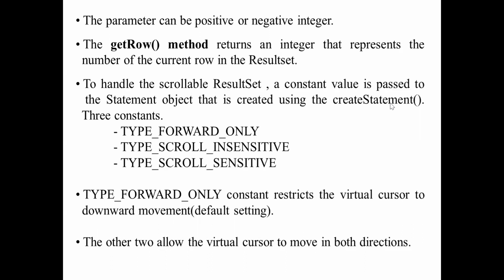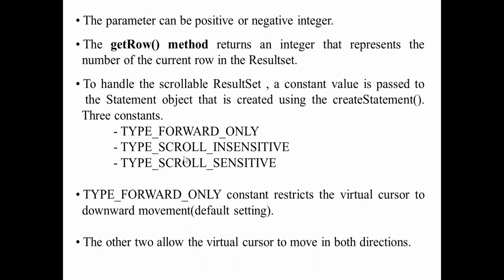These are the 3 constants we pass to the statement object. TYPE_FORWARD_ONLY restricts the virtual cursor to downward movement, which is the default setting.